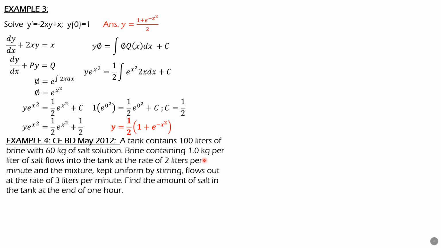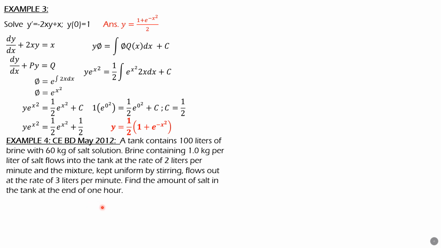So originally 100 liters, then per minute the volume decreases by 1 liter per minute as net value. Find the amount of salt in the tank at the end of 1 hour.